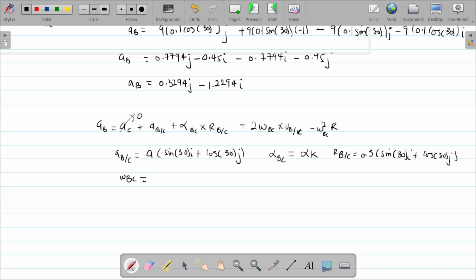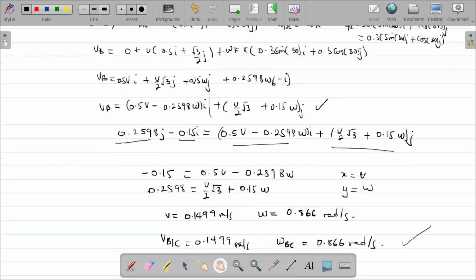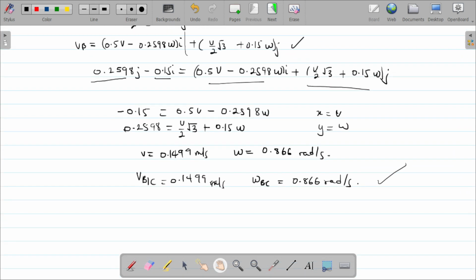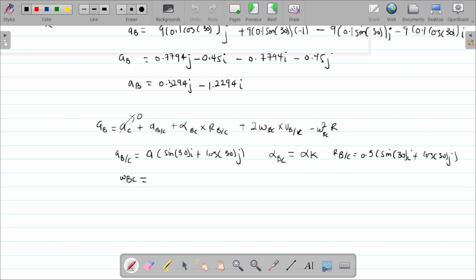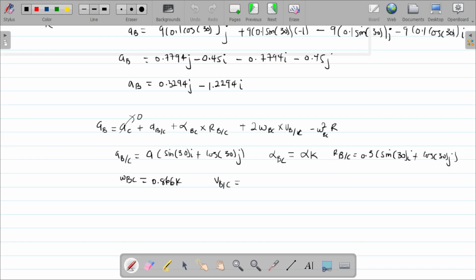Now next, the omega BC. In our previous example, we had omega BC to be 0.866 k, and then v of B relative to C, we had 0.1499 meter per second. So that in vector form will be what?